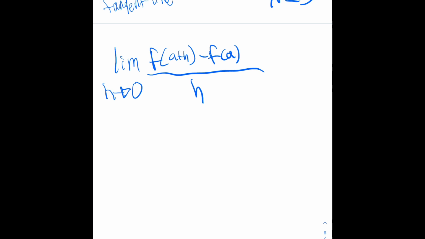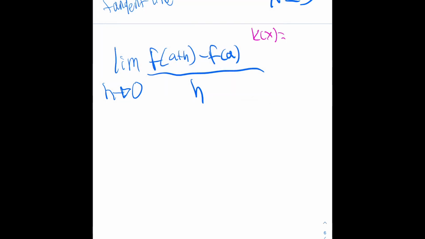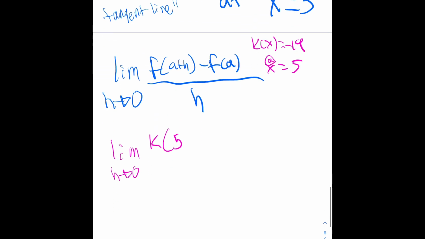My function is k of x equals negative 19 at x equals 5. So we would say the limit as h approaches 0 of k, every time I see my function, I'm going to take 5, because that's what my x is, plus h, minus k of 5, all over h.